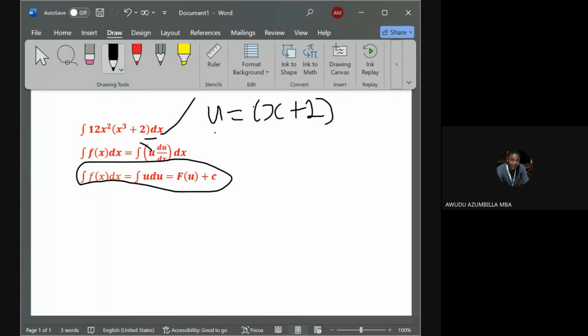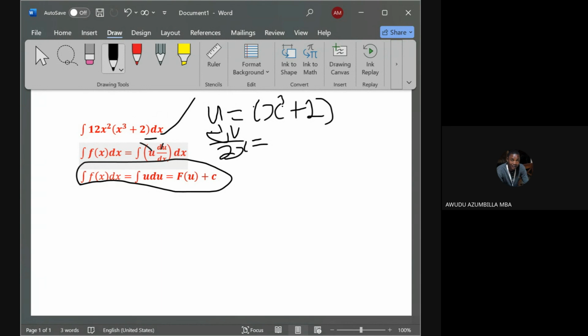Our du is when we differentiate this one with respect to our x. So our du over dx is equal to when we differentiate this one with respect to x. Sorry, the one in the bracket is cube, right?